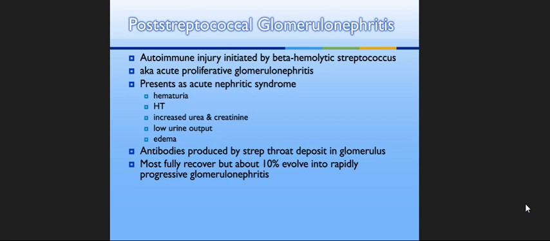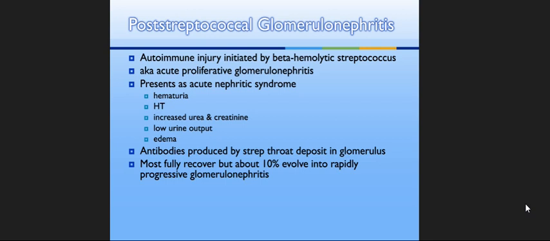Look how those many entities are going inside each other. So it is a little bit confusing subject. And I told you from the beginning, it is one of the most difficult chapters in nephrology. Needs the help of the pathologist. So it may present as acute nephritic syndrome.